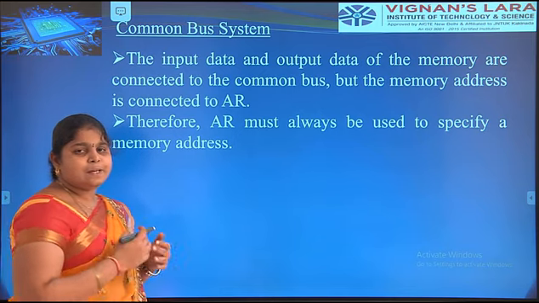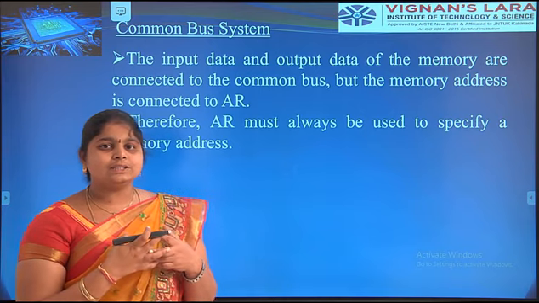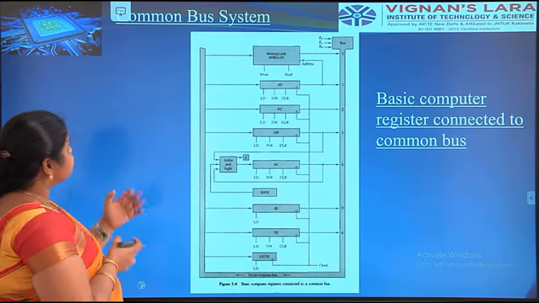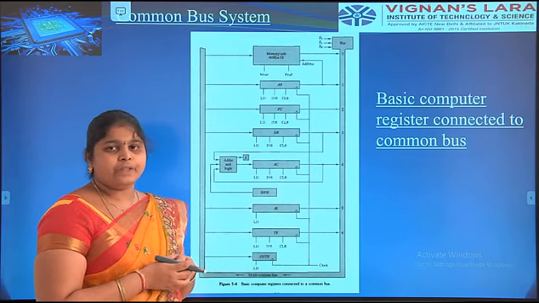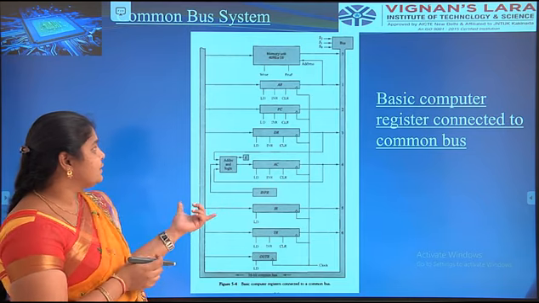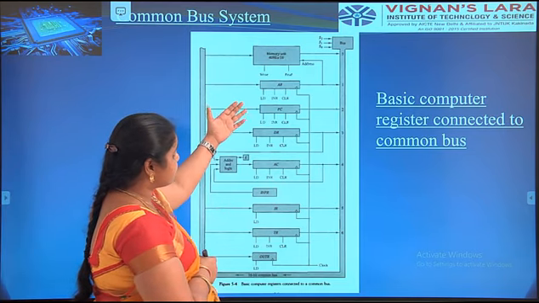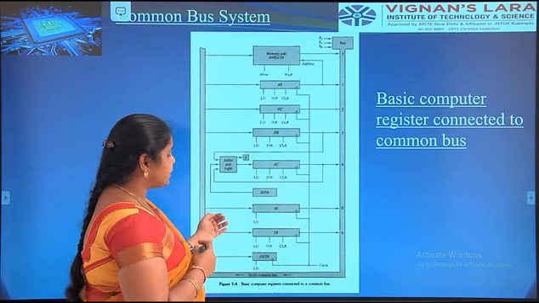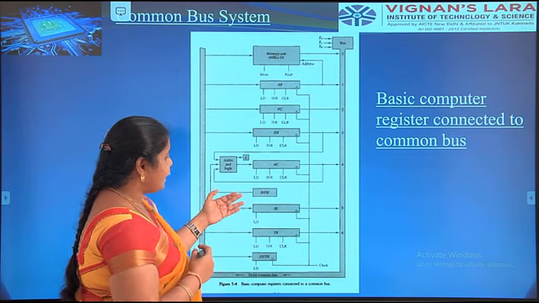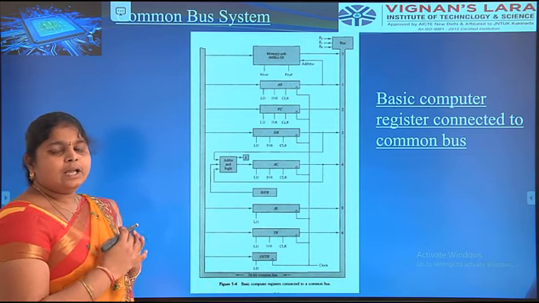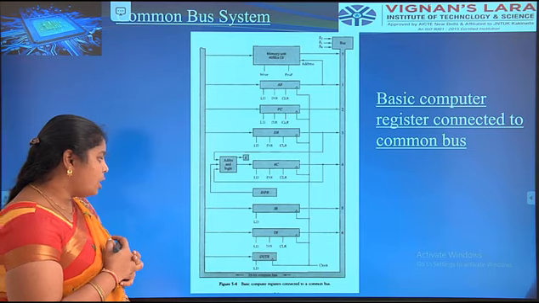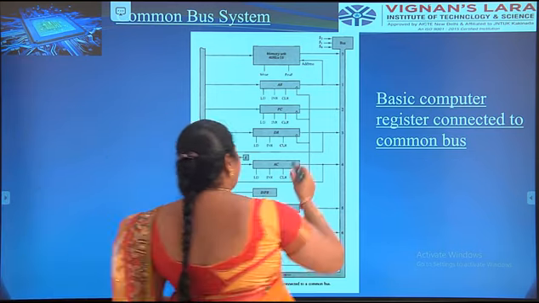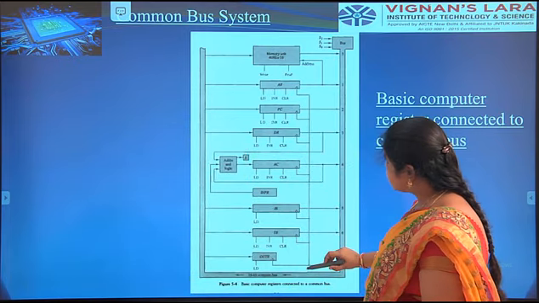Okay, this is the final common bus system of the computer registers. It contains the address register, program counter, data register, accumulator, instruction register, temporary register, and input and output devices. Input means it receives from the input devices; output means it sends data to the output. Here we have to make the connections for all types of registers.